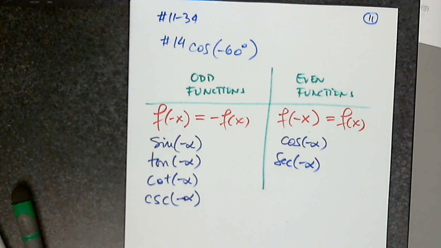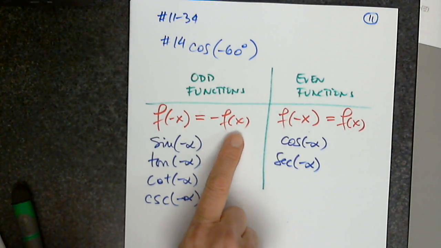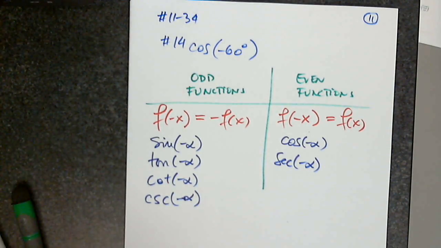So if sine is an odd function, sine of negative alpha must equal, you have to see it here. You cannot invent anything.